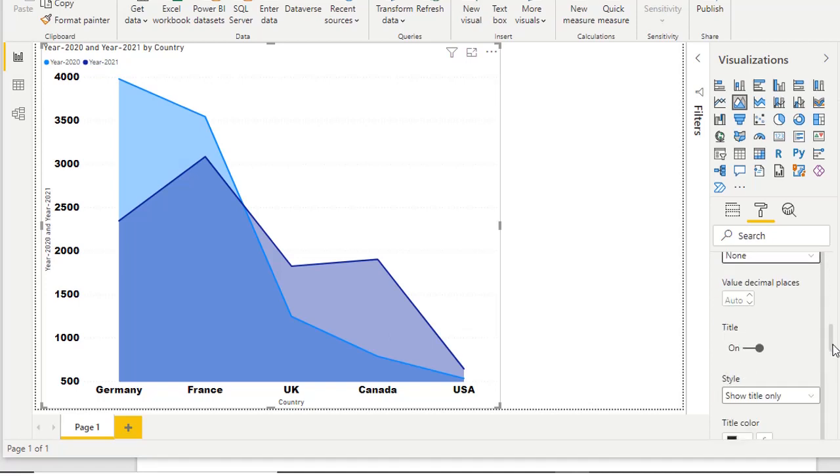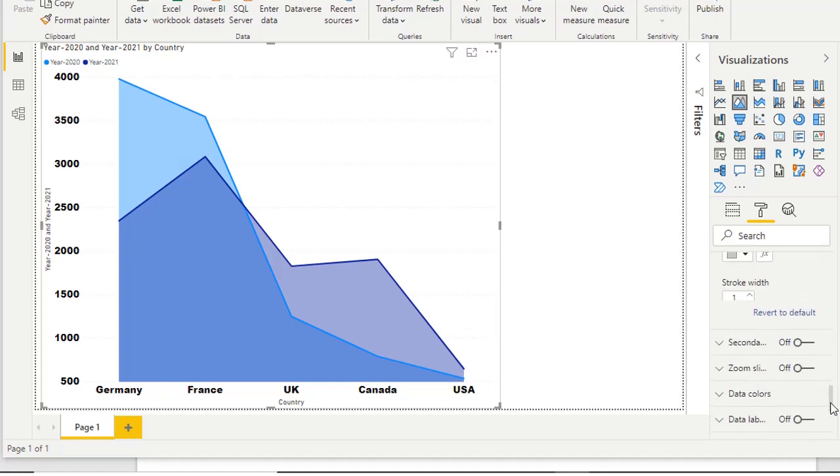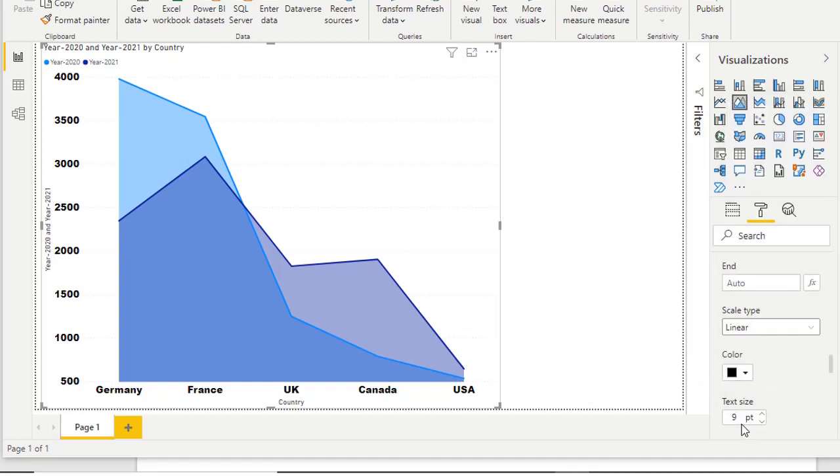Now the secondary one, that is off, so on. Color black, 14.